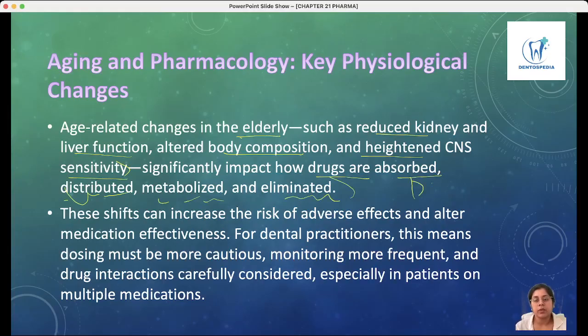That is, the pharmacokinetics is altered. This shift can increase the risk of adverse effects and altered medication effectiveness. For dental practitioners, this means being more conscious, being very careful, monitoring more frequently, and carefully considering drug interactions, especially in patients on multiple medications.